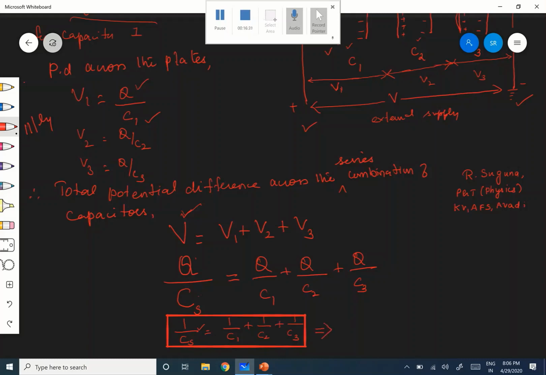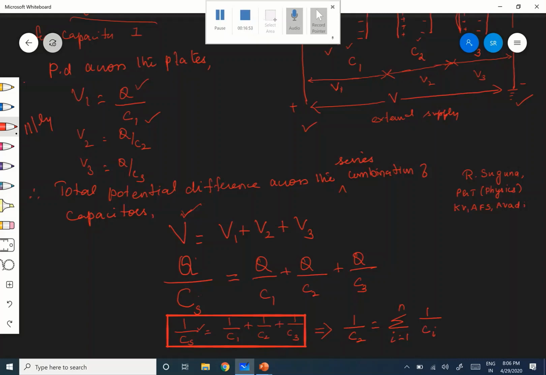Now you tell me what is it? Here, if n number of capacitors are connected in series, how to find their equivalent? The same thing is applied. N number of capacitors connected in series, then I is equal to 1 to N, 1 by Ci.